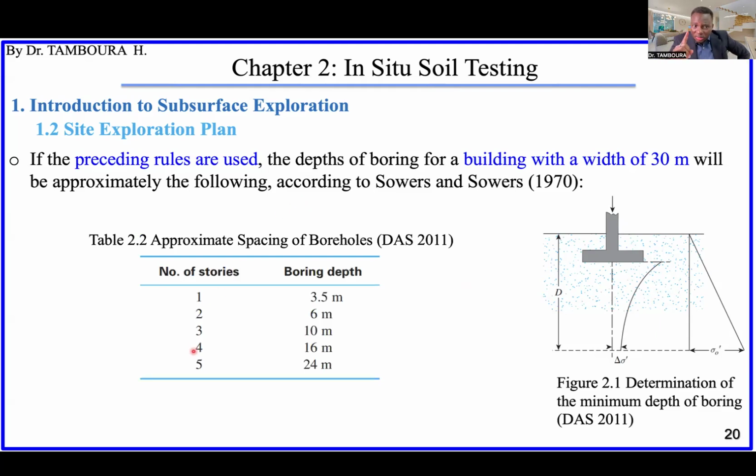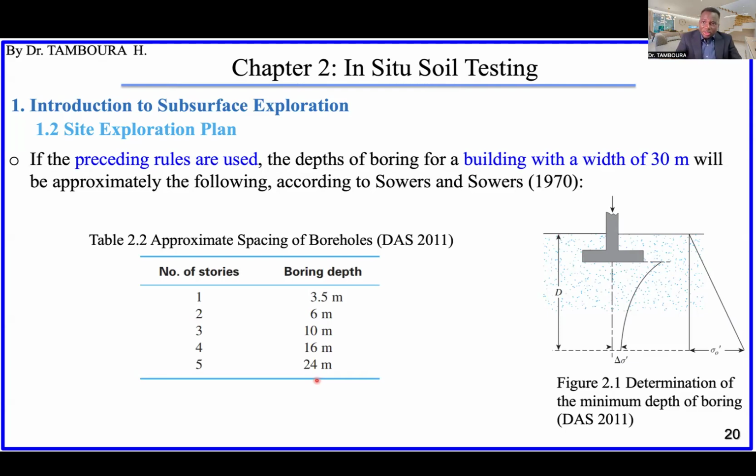So if you have a one story building and the larger dimension of the building is less than 30 meters, you have this approximate depth, 3.5 meters. 2 stories, 6 meters. Okay. 3, 10. 4, 5, 24. This is approximate.